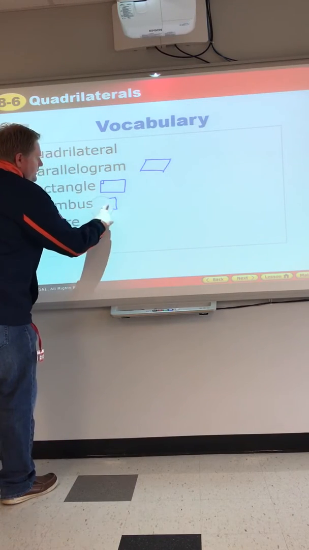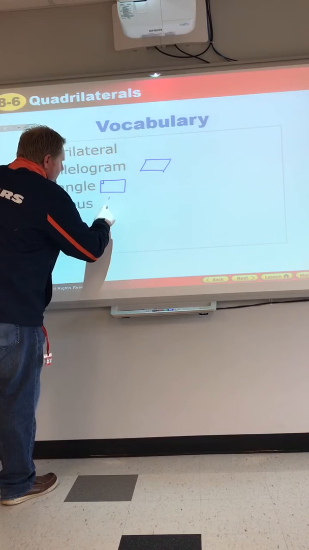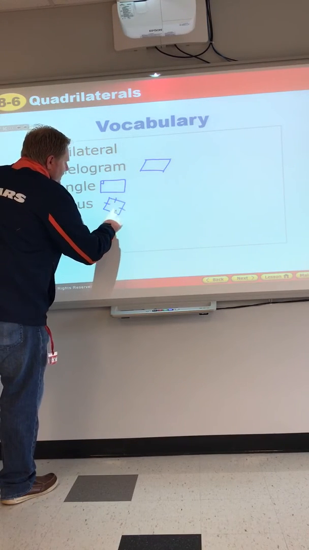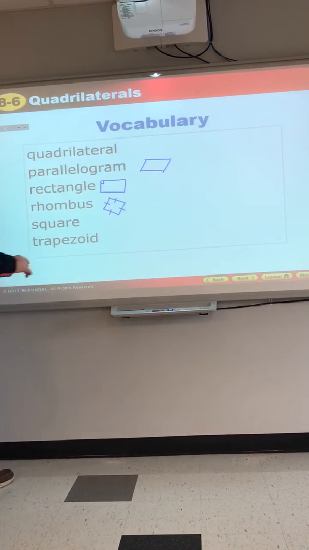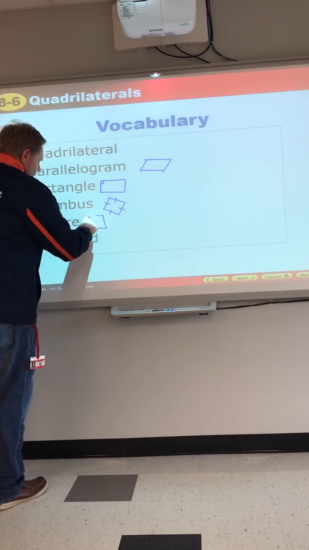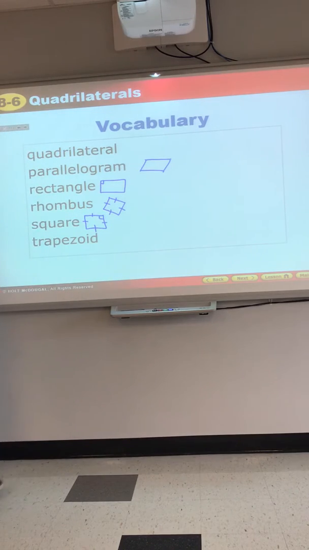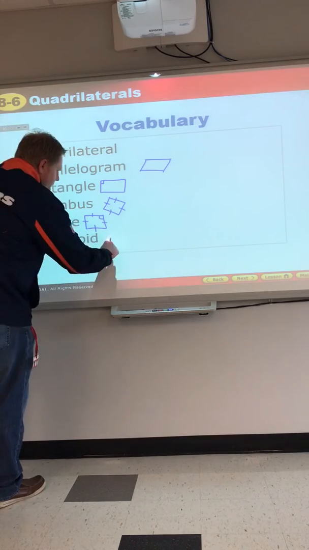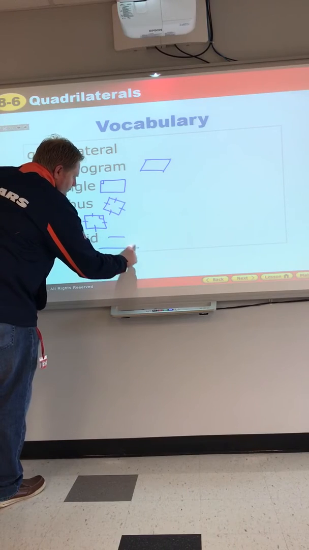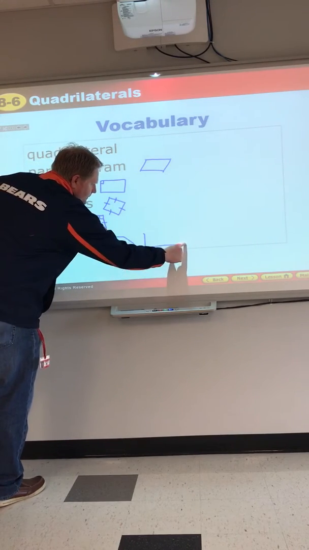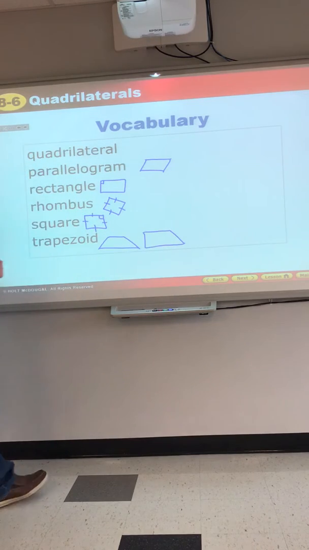Probably should draw that in. Rhombus. It has 4 sides that are the same. Square. It has 4 sides that are the same and 4 90-degree angles. Trapezoid. 2 parallel sides. And 2 that are not parallel.